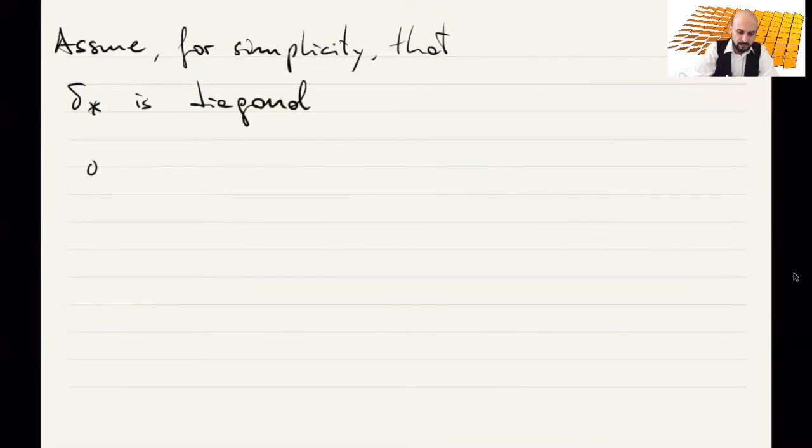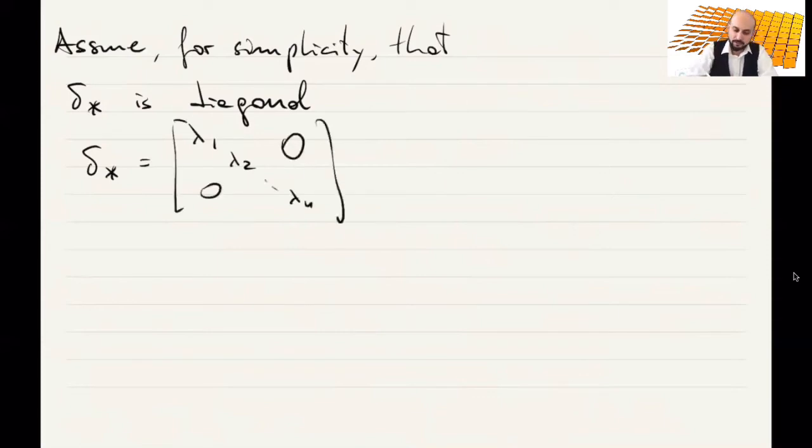So it means that delta star is going to be lambda 1, lambda 2, up to lambda n, and zeros. This is the map in some basis. Let's even make it simple that lambda 1 is less than lambda 2, and so on.